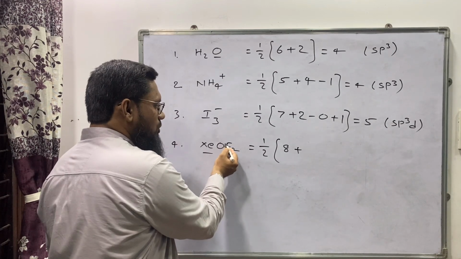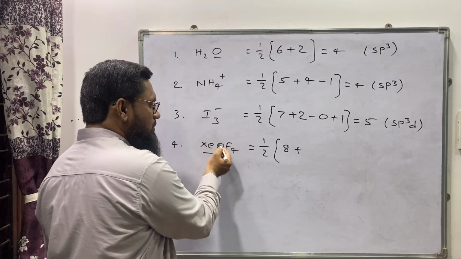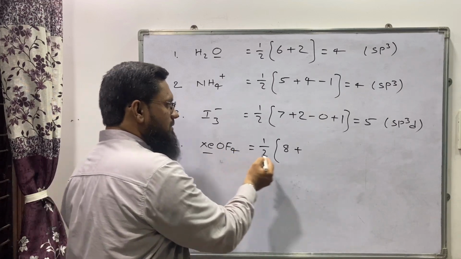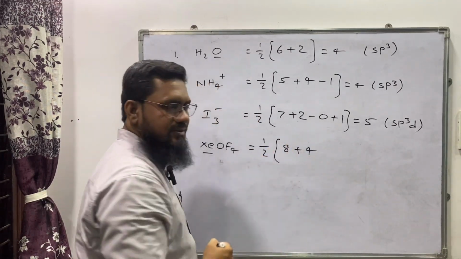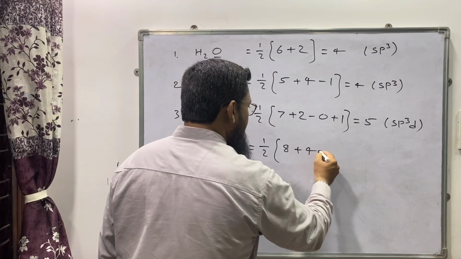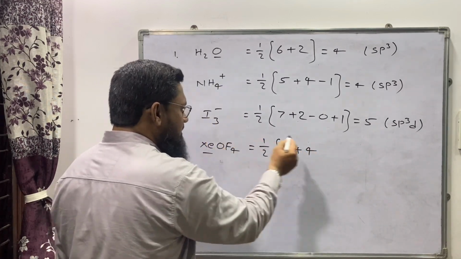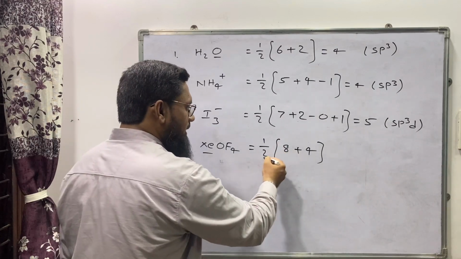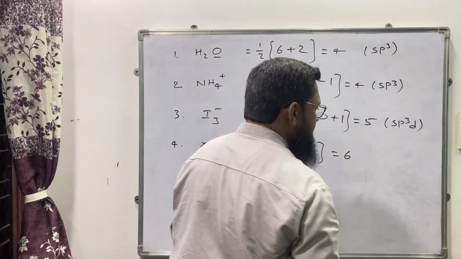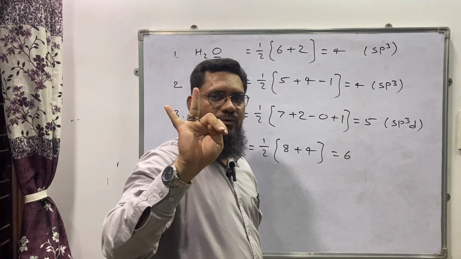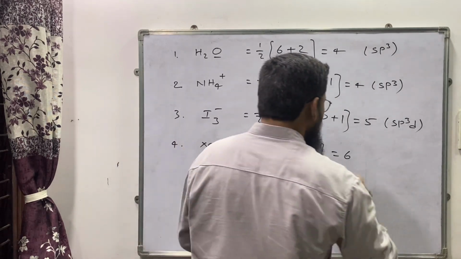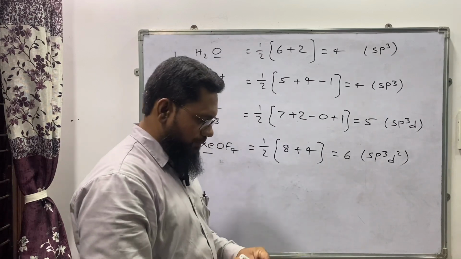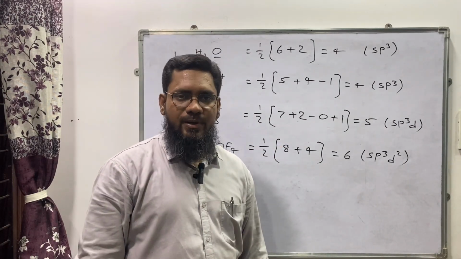You know fluorine is the monovalent atom, oxygen is a divalent, so we don't consider the oxygen here. We have the 4 fluorines, 4 monovalent atoms, so we take the 4 here. Minus C. Here we don't have any charges. So here 8 plus 4, 12. 12 by 2 means here 6. 6 means s, p1, p2, p3, d1, d2. So sp3d2 hybridization. So like this we calculate the hybridization.